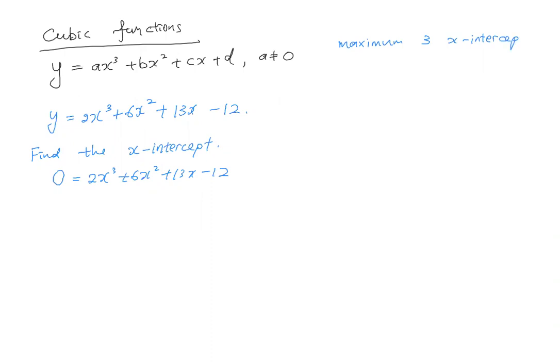So it means that you can have 2 only or you can have 1 only. Okay? And maximum 2 turning points. It can have 0 turning points also. So now, can you please key into the calculator and tell me what is the answer?